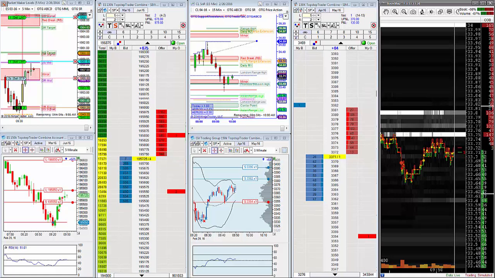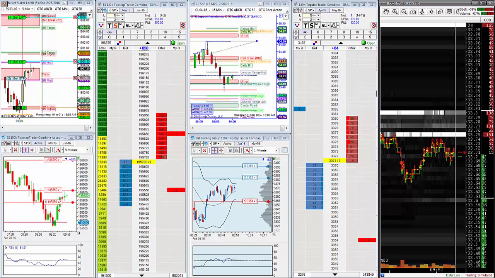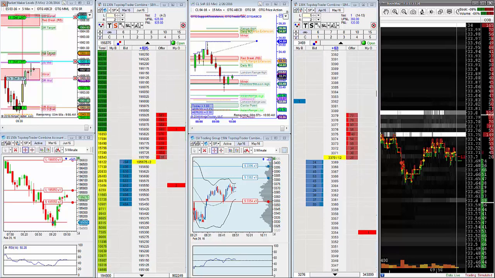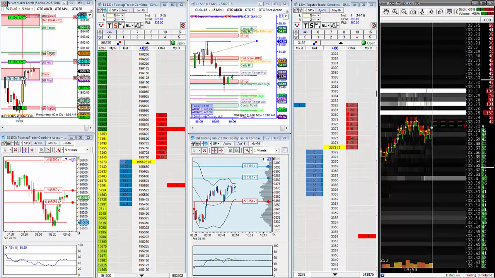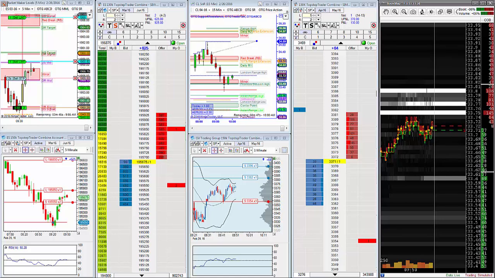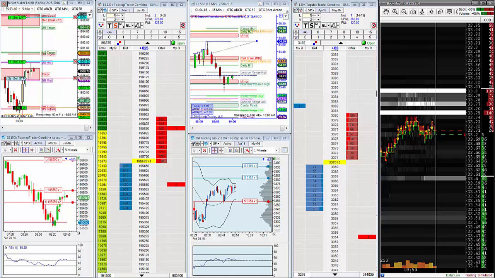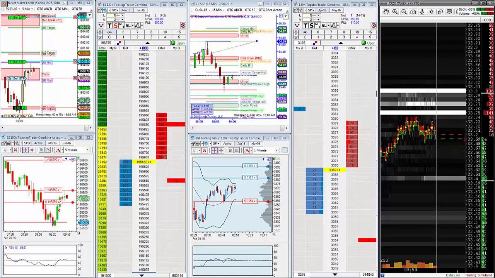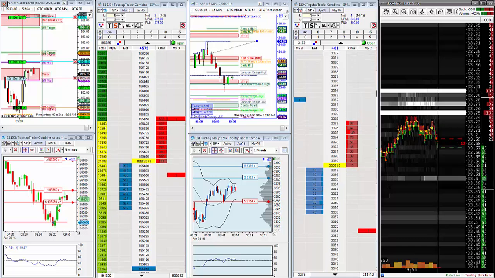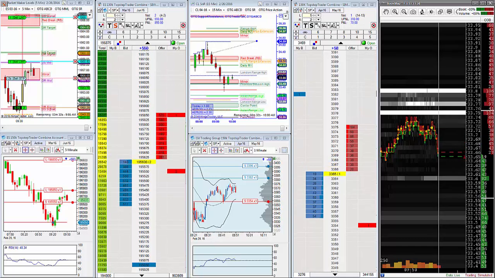You've got 10 minutes till the top of the hour and the beginning of the European session close. There's 73. Let's go 74, 75. You've got 145 short at 75. You've got another 106 short at 80, another 102 at 77. 55.5 on the ES.